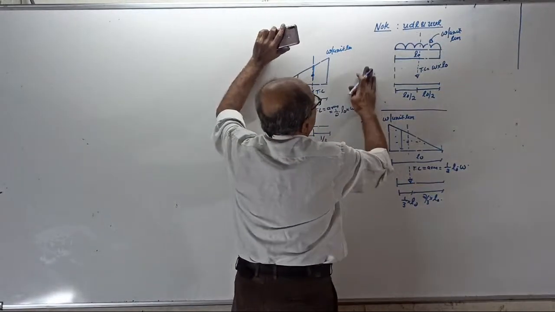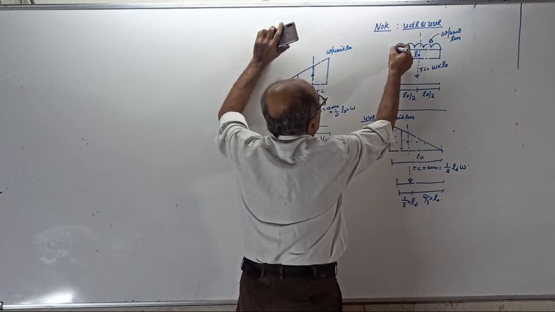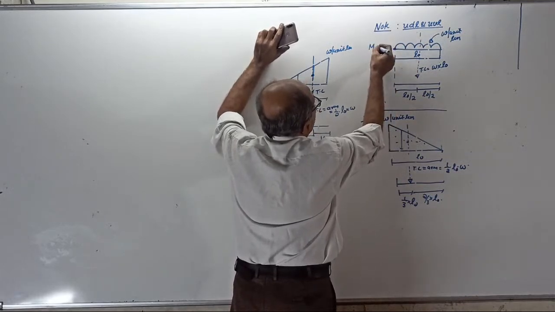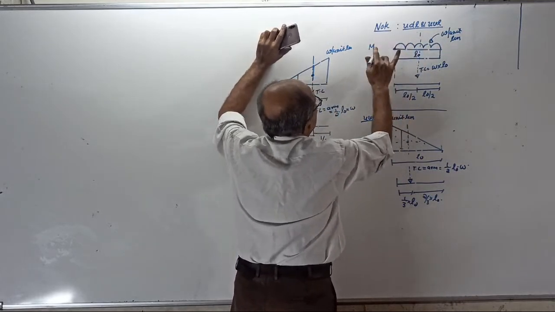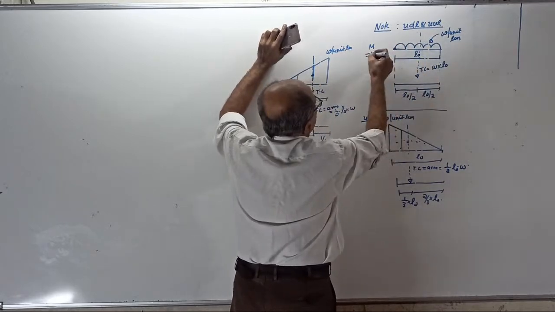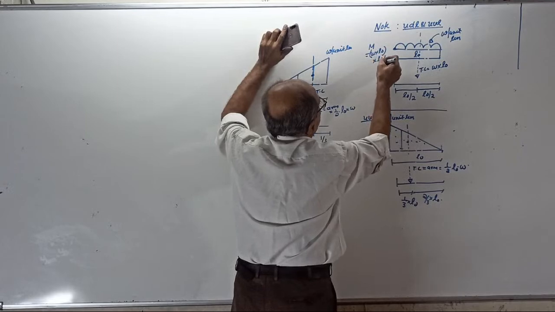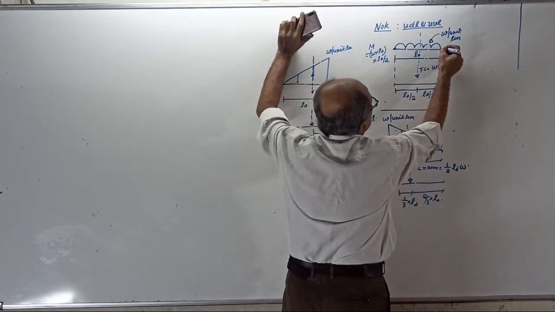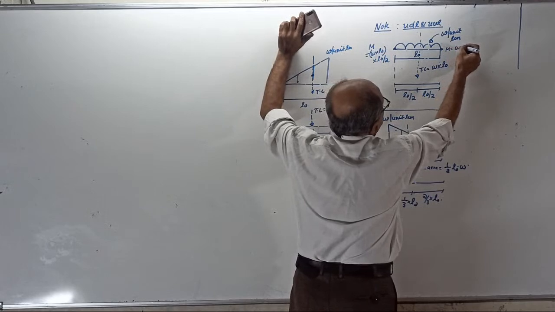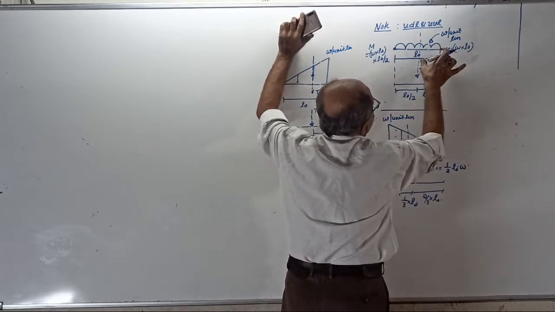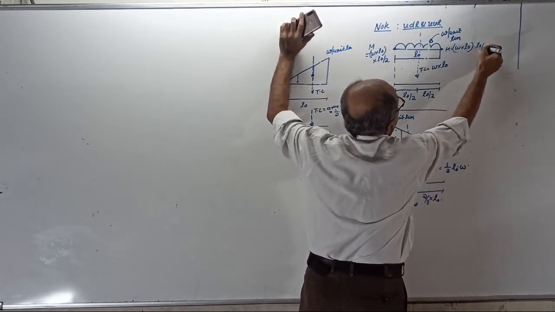Therefore, if I take moment about this point, your moment will be W into L0, the load, into L0 by 2. Moment about this point is also W into L0 into L0 by 2.